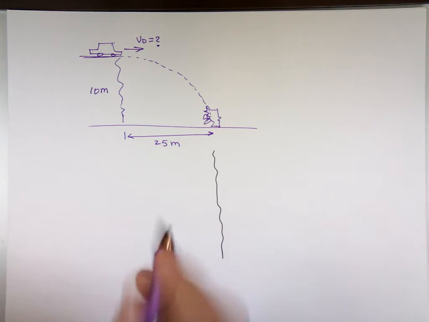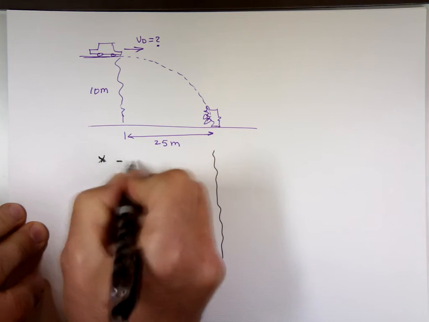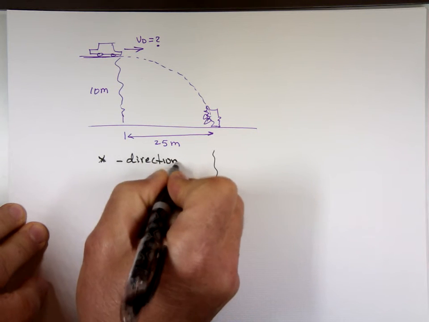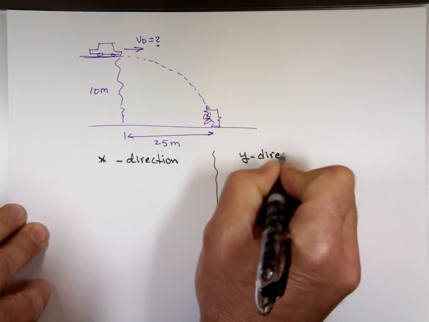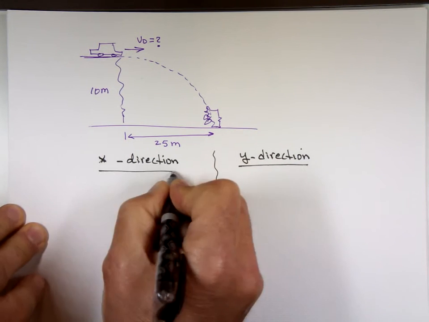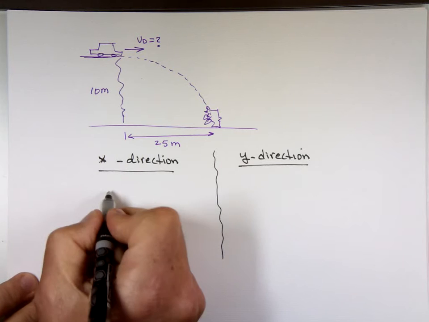Let's write here the x direction, and let's write here the y direction. In the x direction, what is the initial velocity of the car?